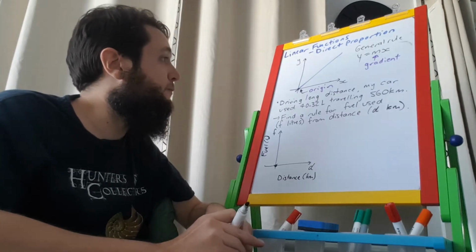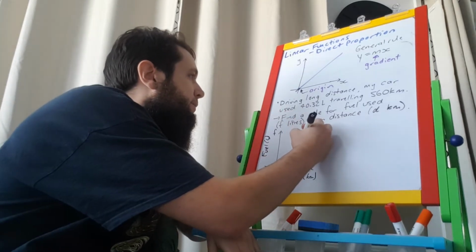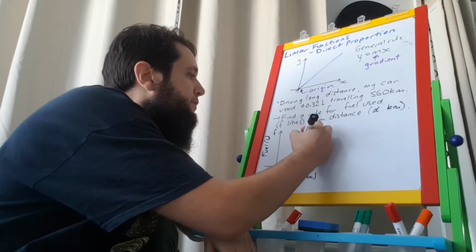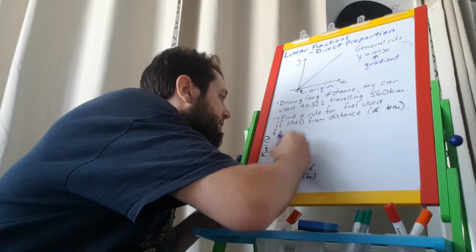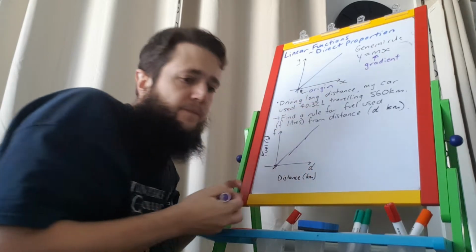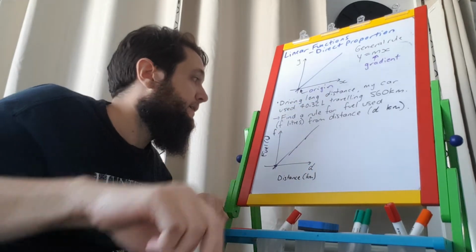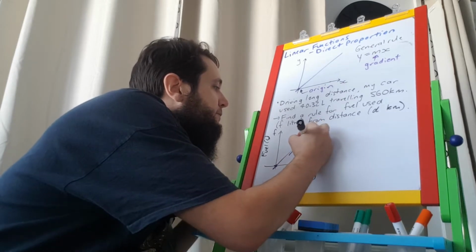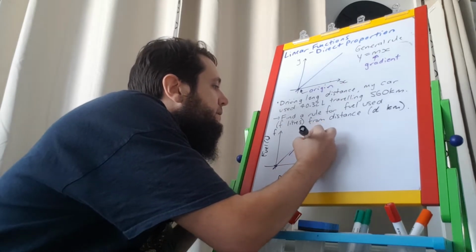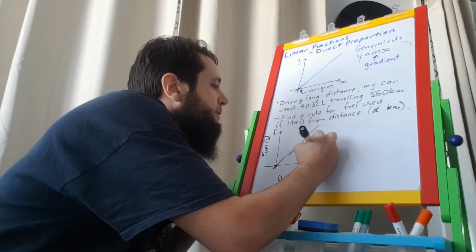So it tells us that when we've travelled 560 kilometres, it's going to have used 40.32 litres. So we're assuming a straight line relationship that ends up here when x, the distance is 560, the amount used is 40.32.